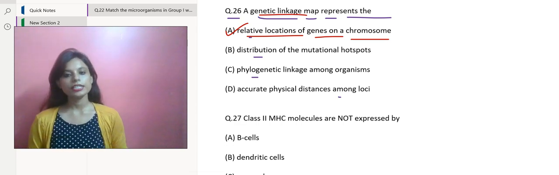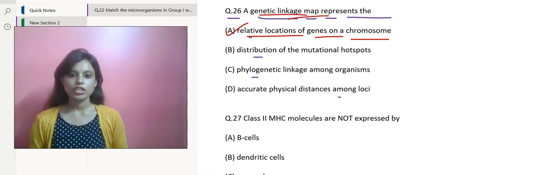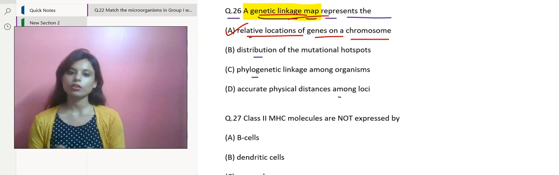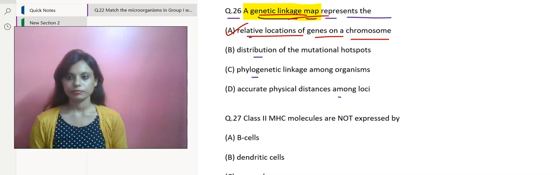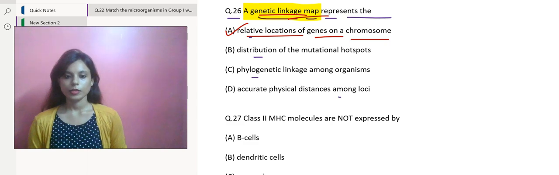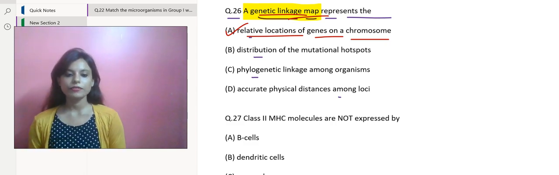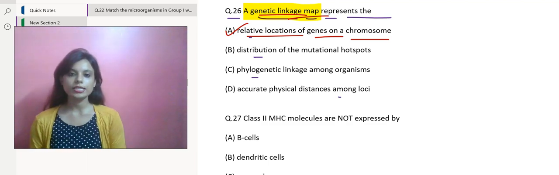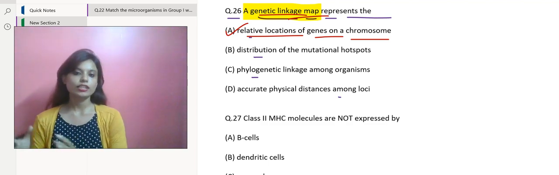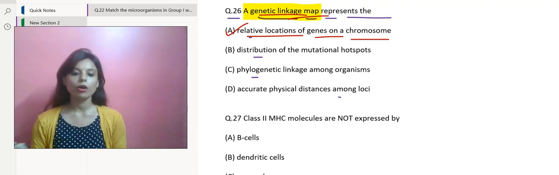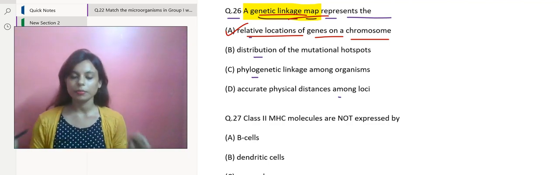Okay. So, what is a genetic linkage map now? A genetic linkage map shows the relative positions or distances between genes on a chromosome. These maps are mostly created by analyzing the frequency of recombination between linked genes, where the genes that are closer together are less likely to be separated during recombination than those that are farther apart.